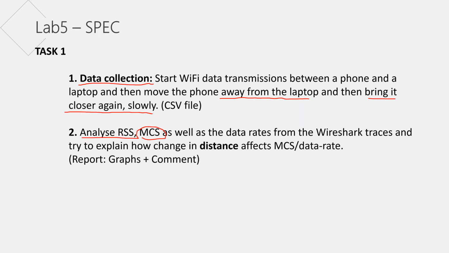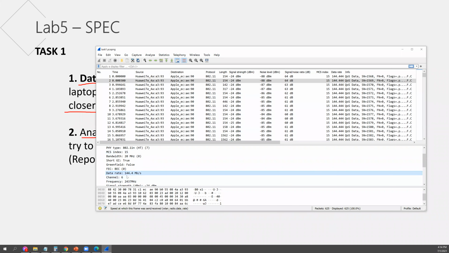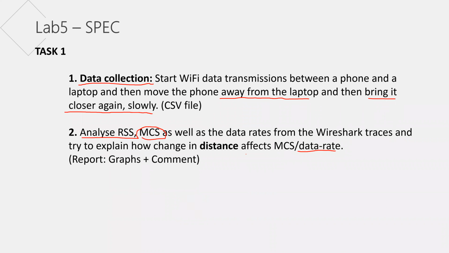Basically, plot a graph of RSS as well as MCS index, and then analyze the data rate. You can find the data rate over here is 144.4 Mbps. Does that make sense? Task 1 should be very easy for you.